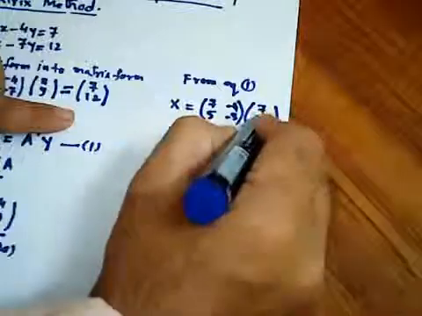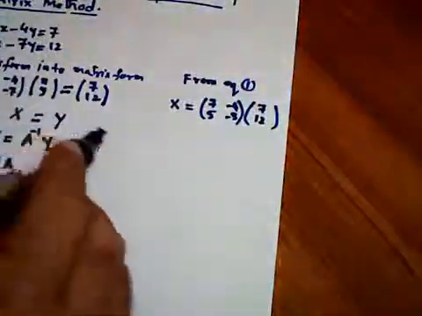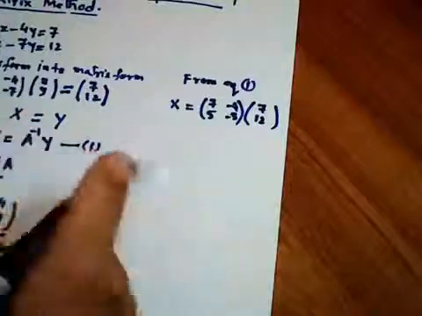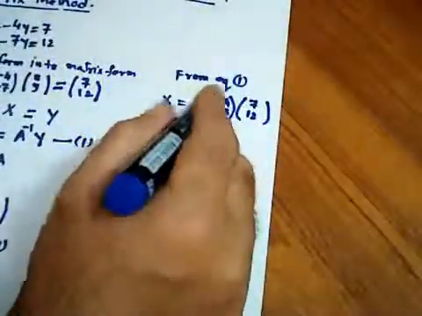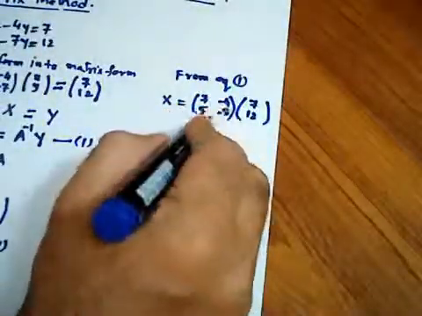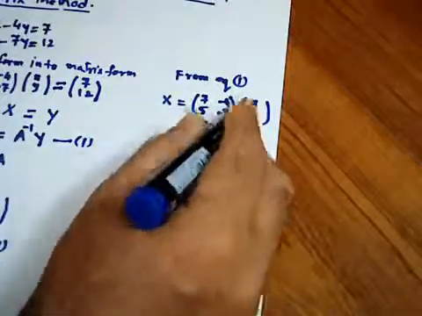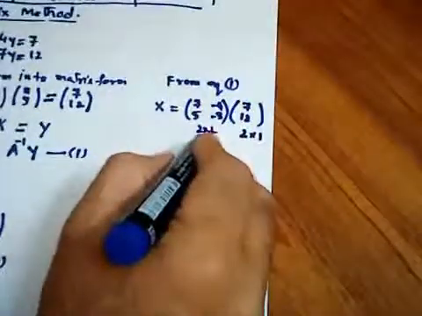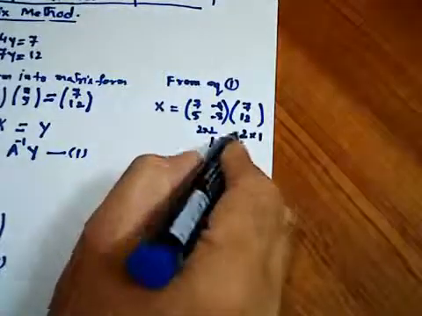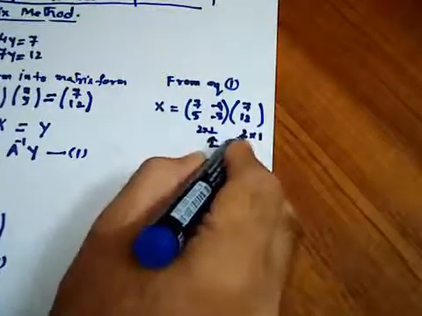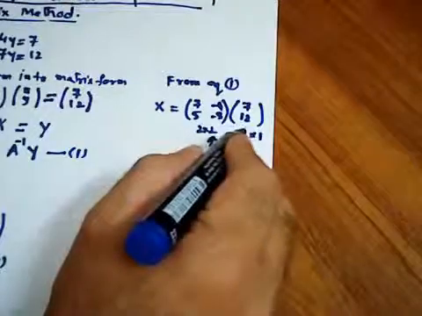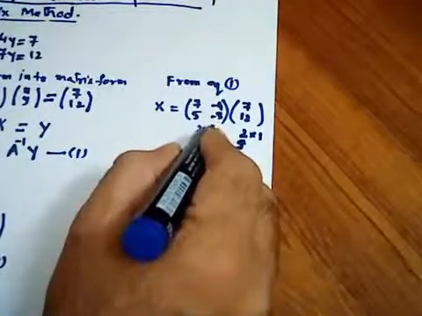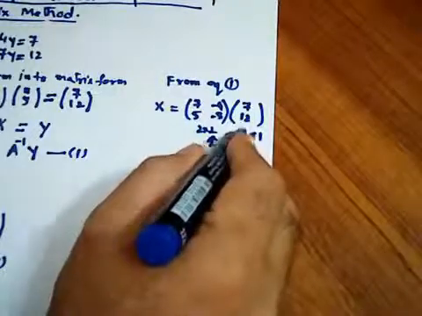Now what is the value of X? The value of X is x and y. So place x and y here. Now here two matrices are equal. For equal matrices, according to the definition, their order should be the same. In this case 2 by 1 is the order of this matrix, and 2 by 1 is the order of the second matrix, so they are equal.